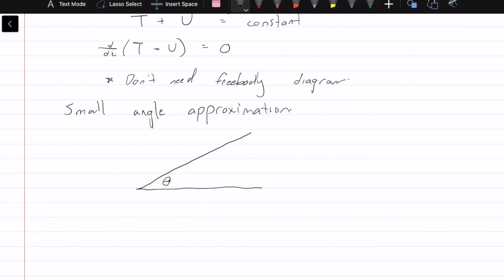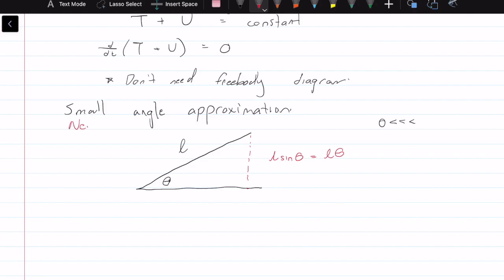Then with the small angle approximation, theta is very, very small. So what we can say is that this side right here, L sine theta, is actually just equal to L theta.